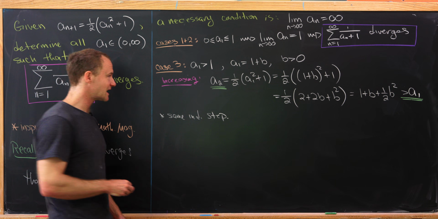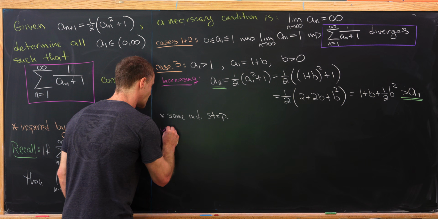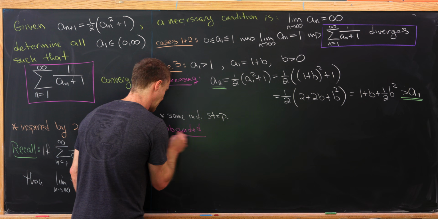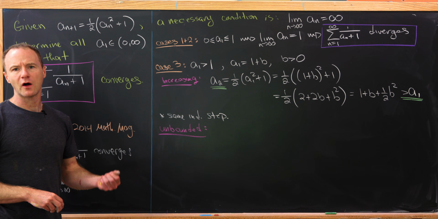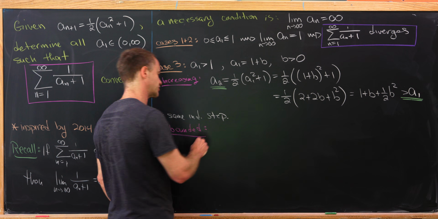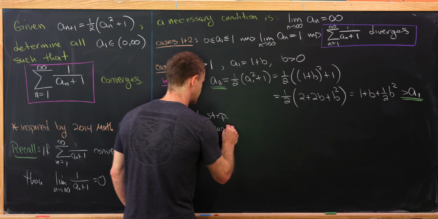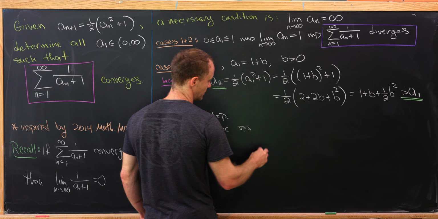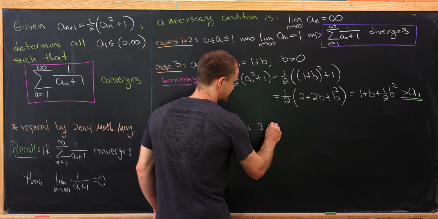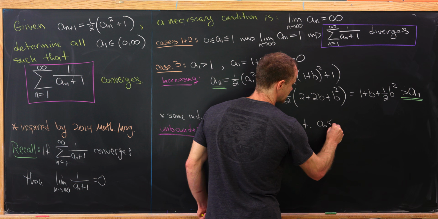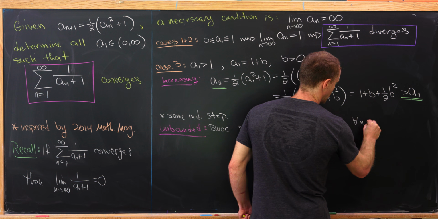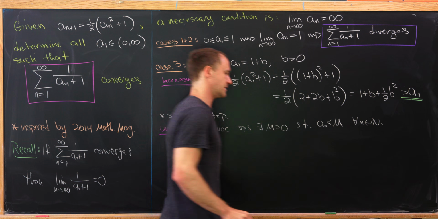Okay, so next up, I'm going to show that this is in fact unbounded. And how can we show that this is unbounded? Well, we're going to do it by way of contradiction. So by way of contradiction, suppose that there exists some number M such that a_n is less than M for all natural numbers n.